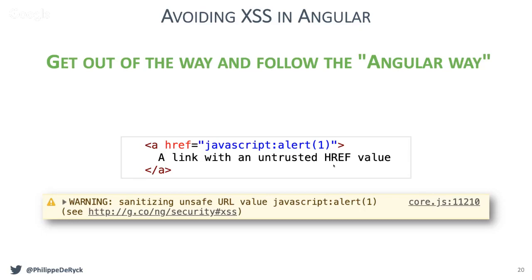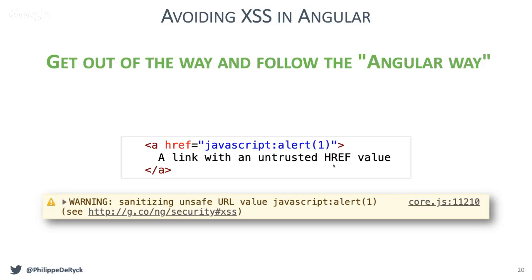So essentially what's going to happen there is that Angular will detect, hey, I'm putting a value in an href of a link, and if you give it a JavaScript URL, that's potentially very dangerous. So what I'm going to do is ensure that this will not happen. And again, Angular protects you. In this case, it cannot automatically fix the URL, so it's going to give you a warning, hey, I'm refusing to put this value in that variable, and it fixes this for you.